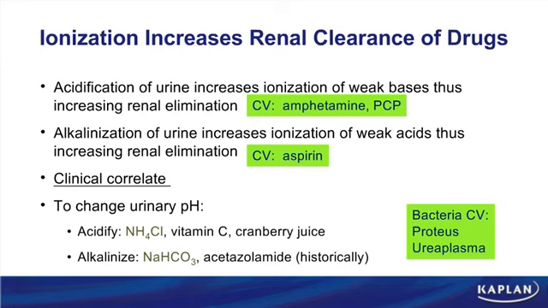They raise the pH of the urine. For example, if you get a patient with a UTI and the urine is alkalinized, Proteus could be a causative organism there. So we can manipulate the pH of the urine, obviously with drugs, to our benefit for a patient who has a drug overdose. But we also think about what other things, like bacteria, can do to the pH of the urine.